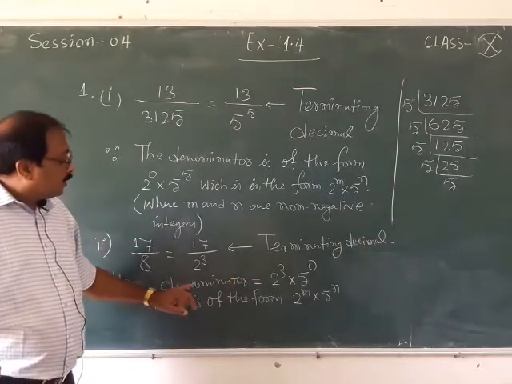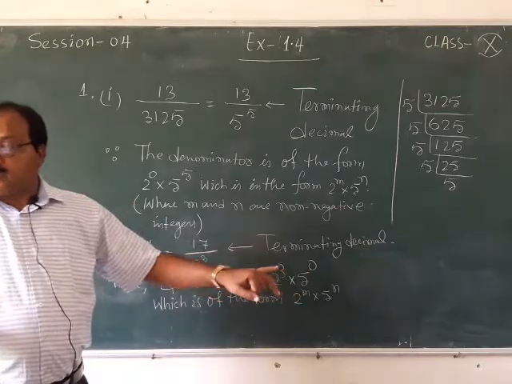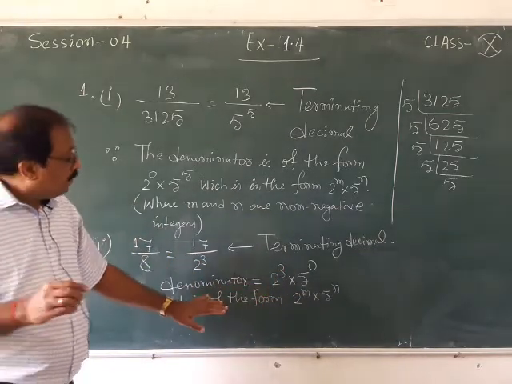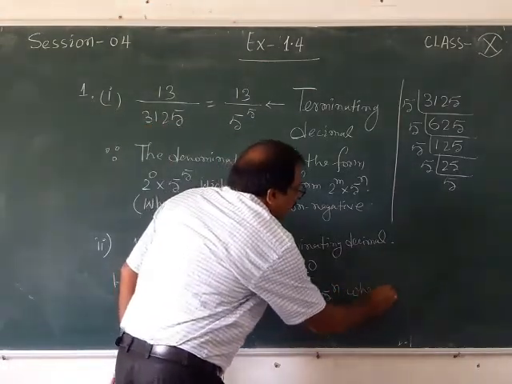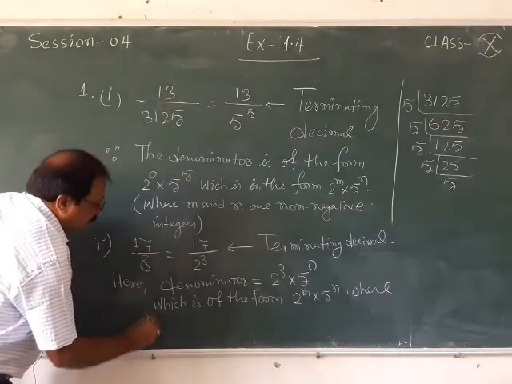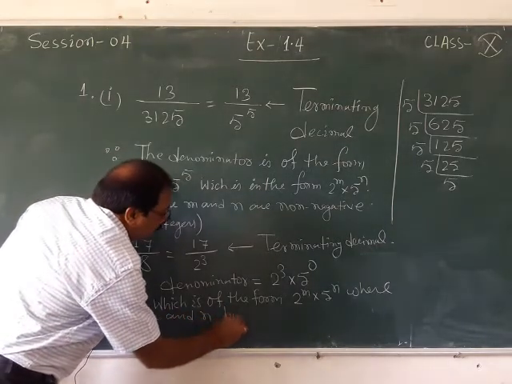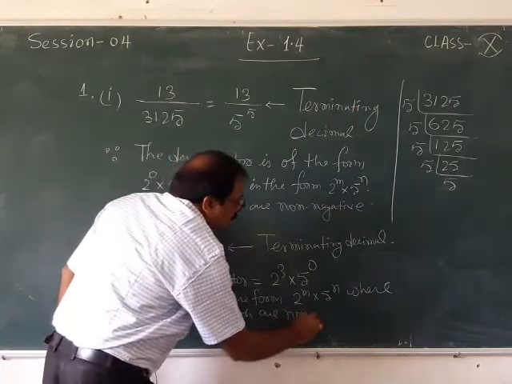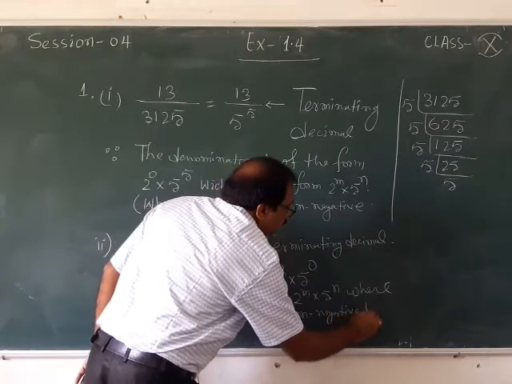So it is clear that it is of the form 2 to the power m into 5 to the power n, where m and n both are non-negative integers.